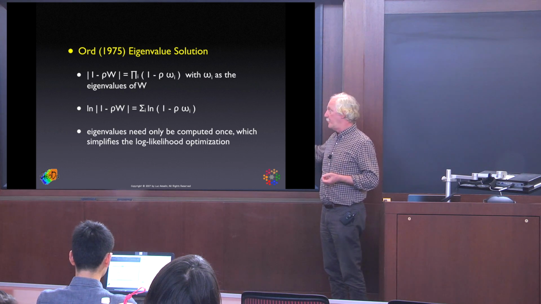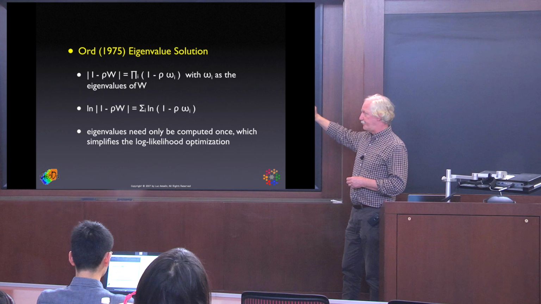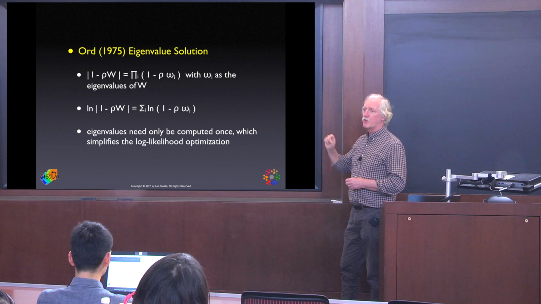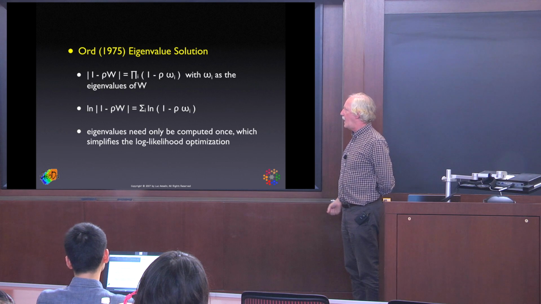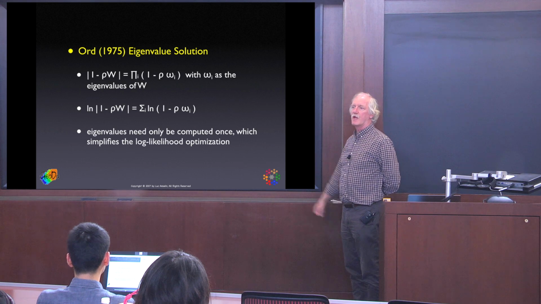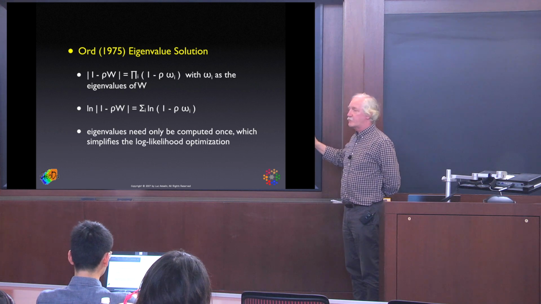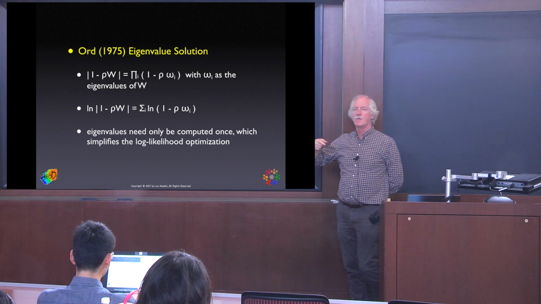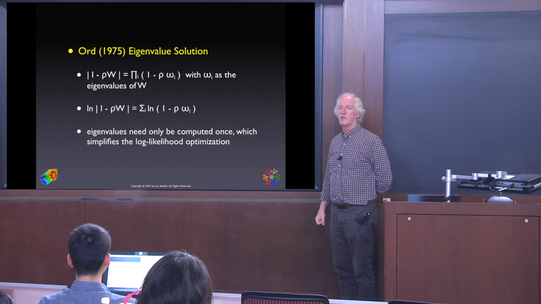And as it turns out, the eigenvalues take on a very simple form of 1 minus the parameter times the individual eigenvalues. So the product of this expression, 1 minus rho omega_i, where omega_i are the eigenvalues, is actually the determinant. So then the log of this is simply the sum of these terms. And that's really easy because rather than having to compute a determinant each time, we get the eigenvalues and then we just have to do a sum of the logs or a product of the terms.